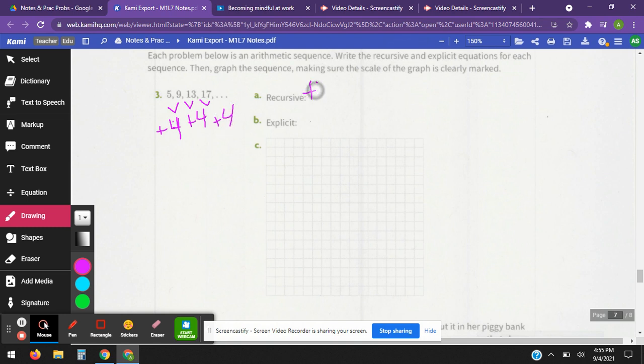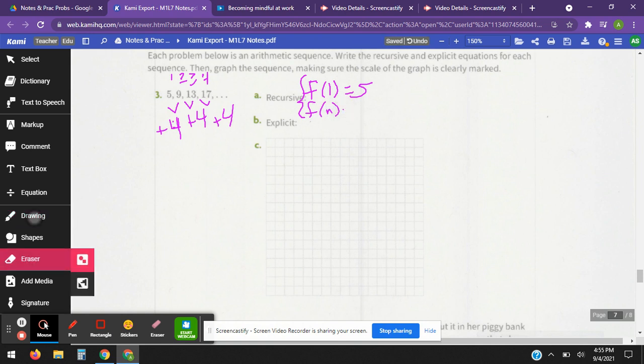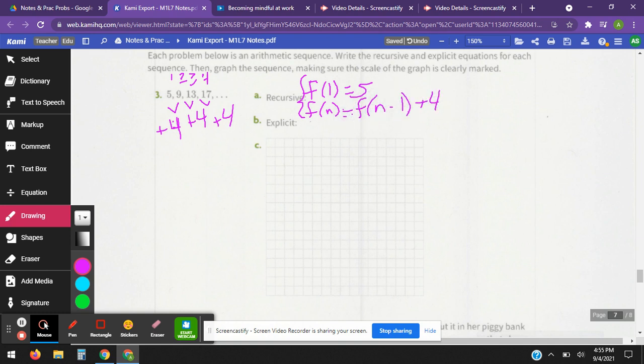So I'm starting with my first term is 5. That's 1, 2, 3, 4. We always start with the first term. And then my next term is f of n minus 1 plus 4.